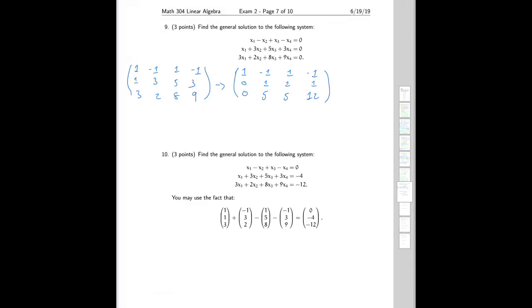Okay, and now I'm going to subtract 5 times row 2 from row 3. So this is 1, minus 1, 1, minus 1, 0, 1, 1, 1, 0 minus 5 times 0 is 0. 5 minus 5 times 1 is 0. 5 minus 5 times 1 is 0. 12 minus 5 is 7.